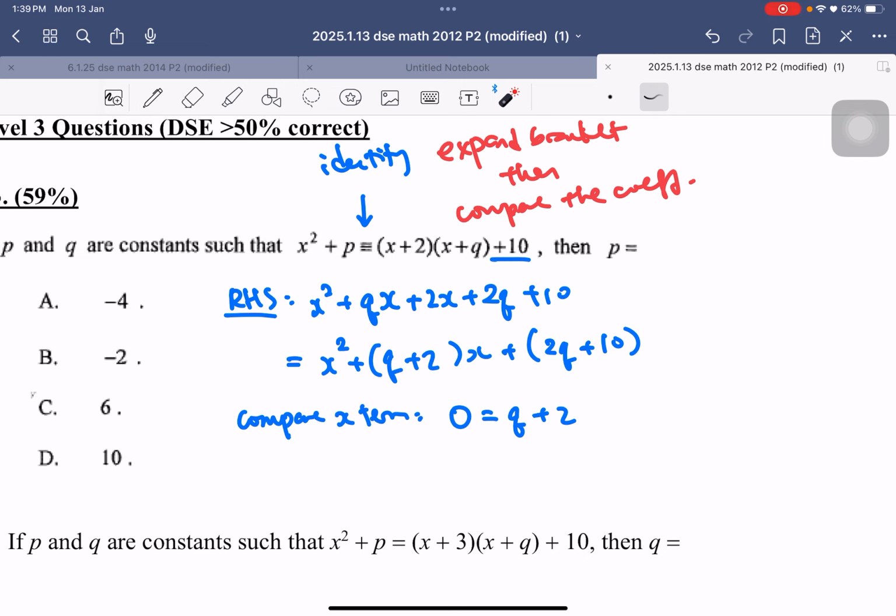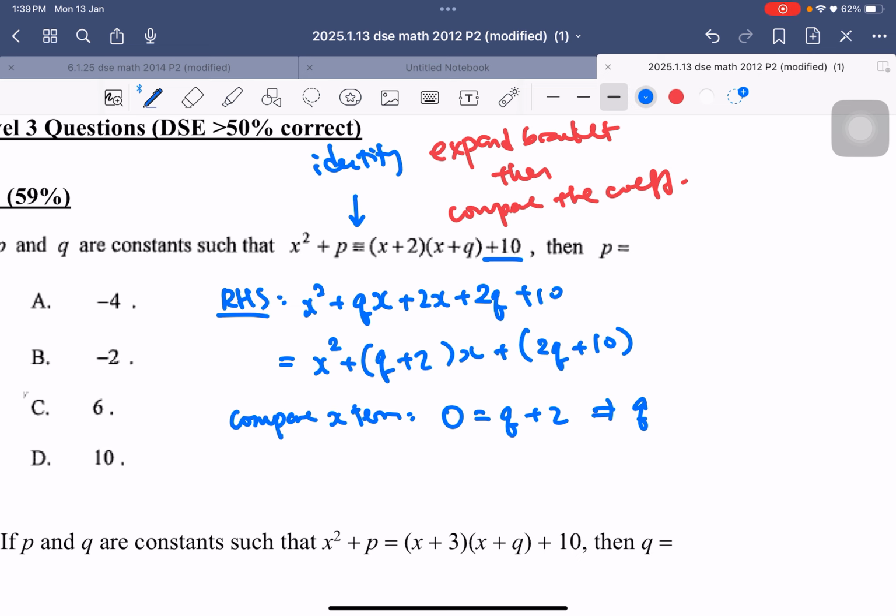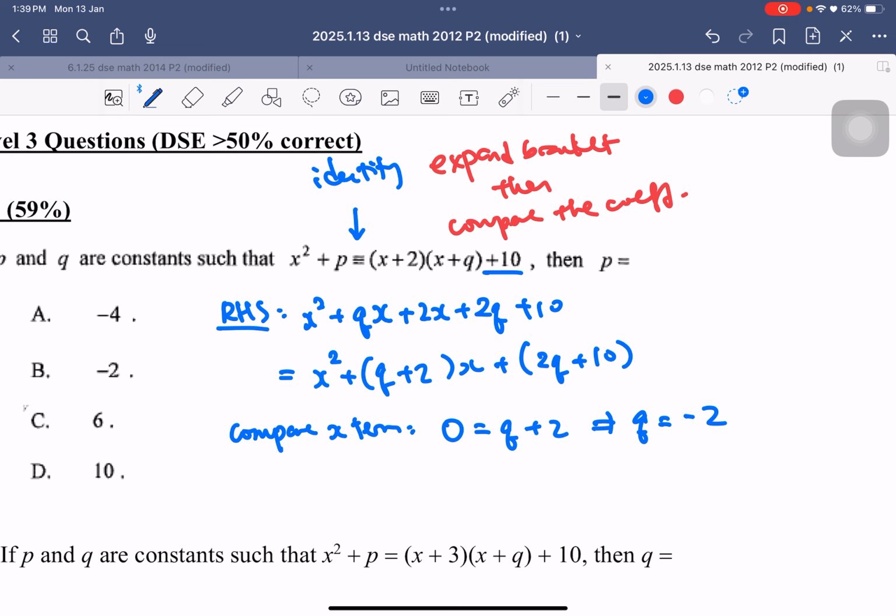Because the coefficient of x here is 0, the coefficient of x here is going to be q plus 2. So we have q plus 2 equals 0, giving you q is equal to negative 2. Okay, then we compare the constant. So we have p is equal to 2q plus 10. So we can say p is equal to 2q plus 10. But what is q?